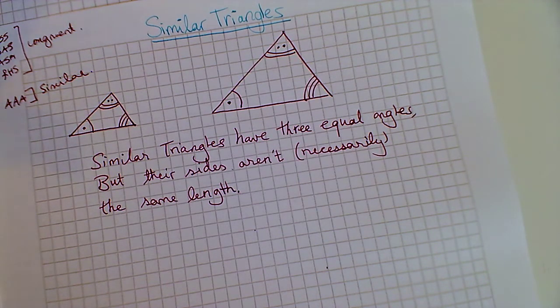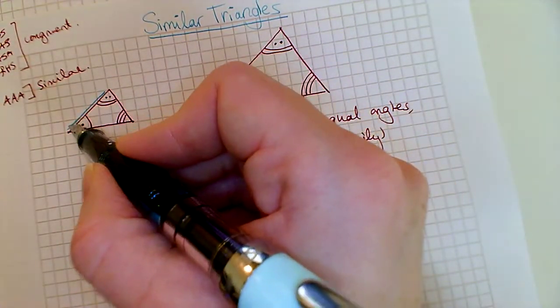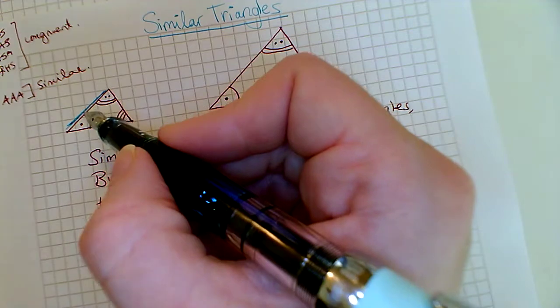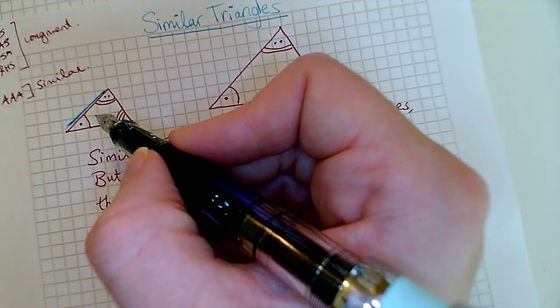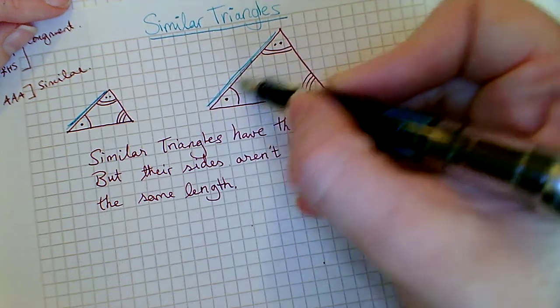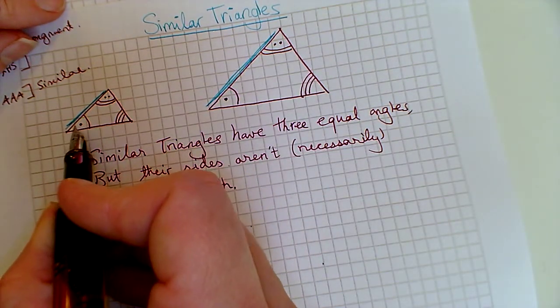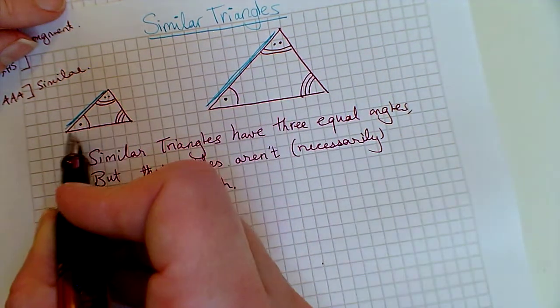Once we know what similar triangles are, we need another definition, which is that there's matching sides. So the side joining equal angles together like this, they kind of match up, and I might have equal angles, the one dot one here, the one dot one here.